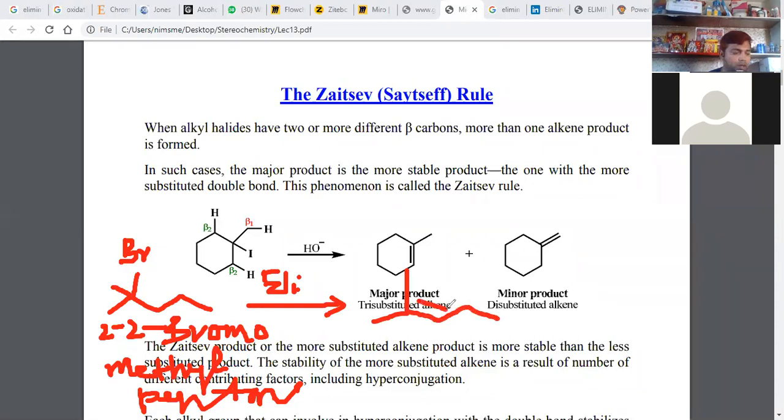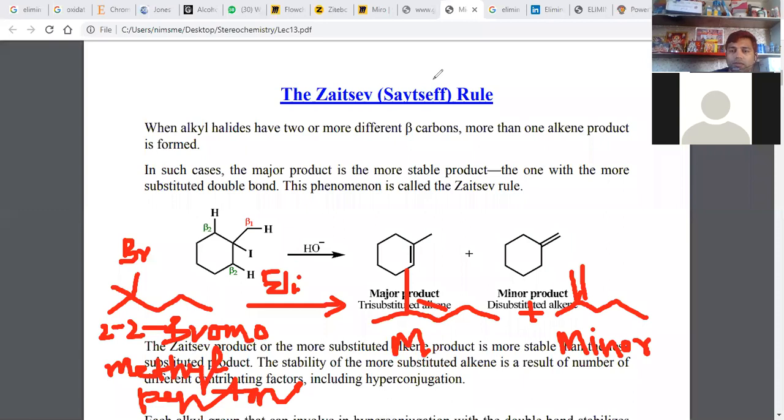This is one, plus this is the other one. So this will be the major product and this will be the minor product. I'll show you how this is minor, because this alkene is more substituted compared to this one.